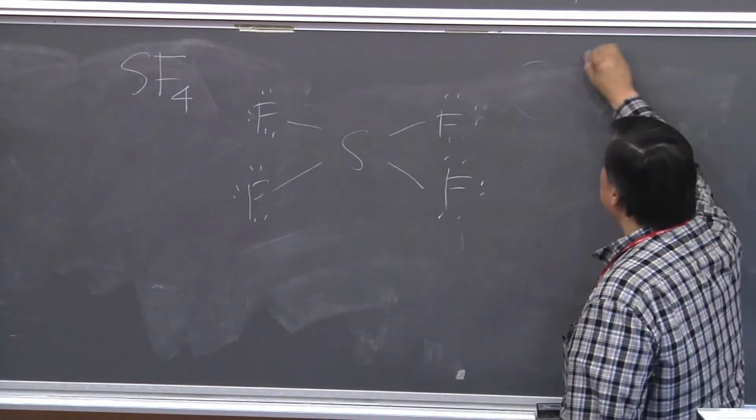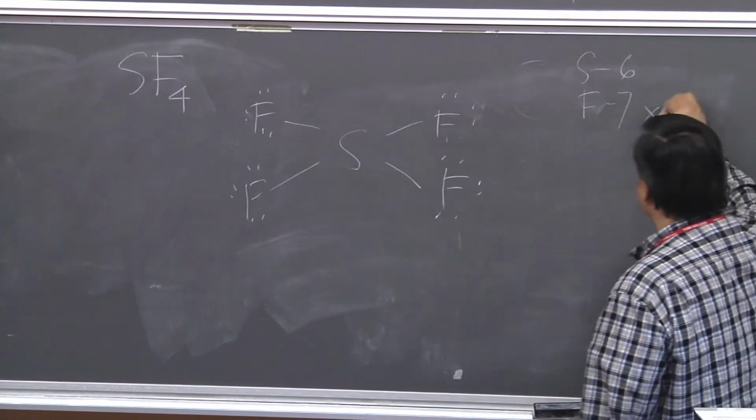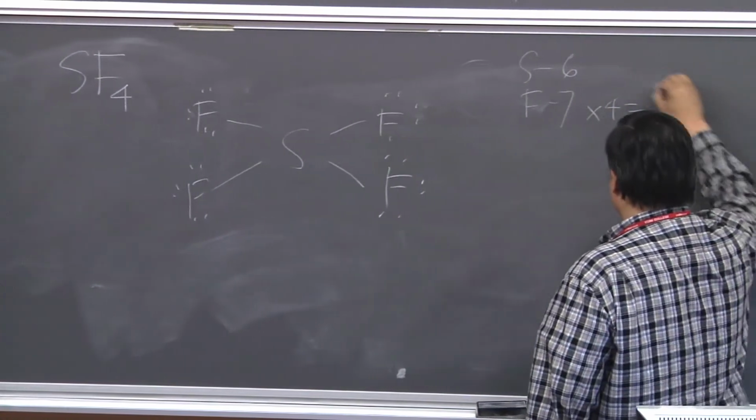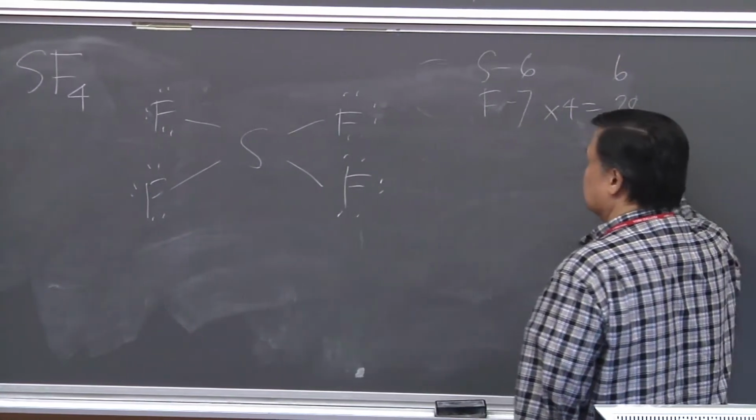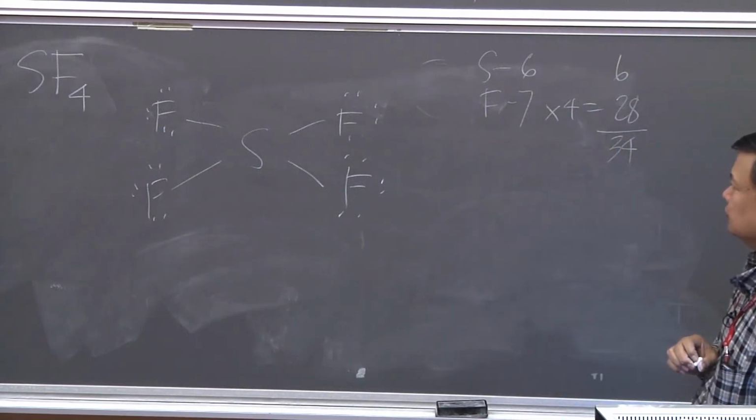So in fact, sulfur will have 6, fluorine will have 7 each, times 4. That will be 34. Okay?